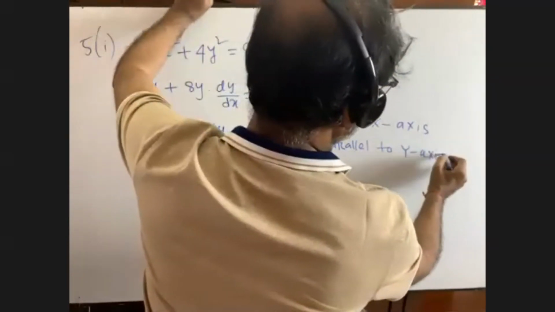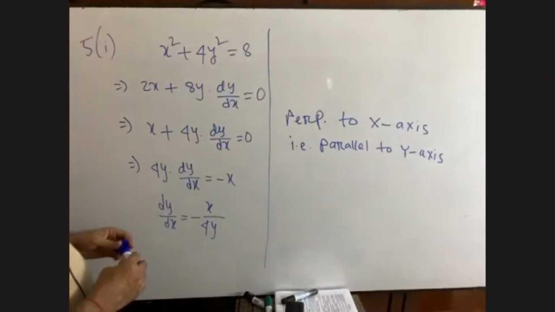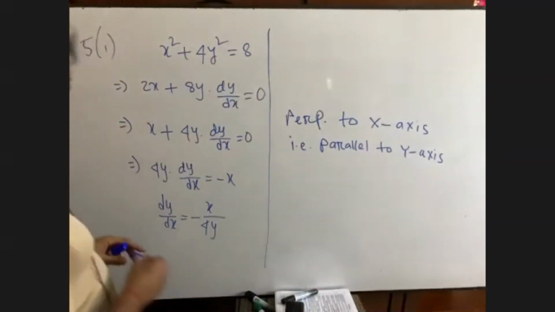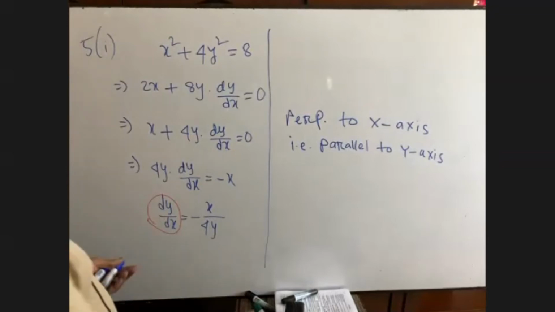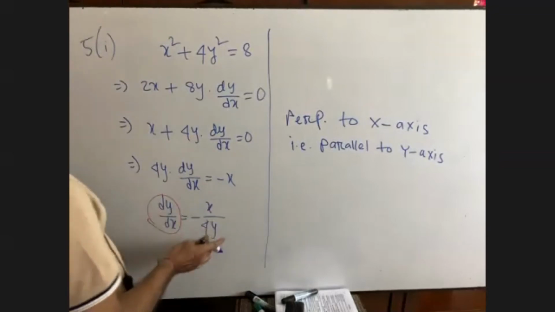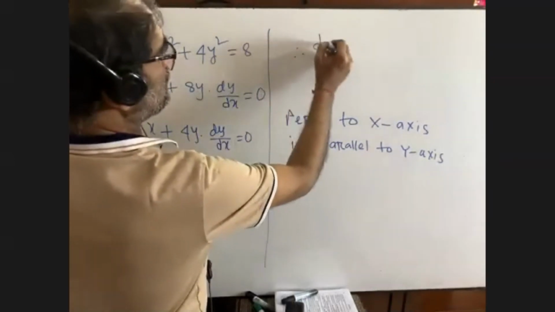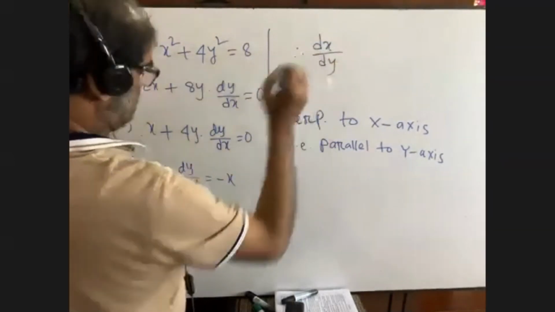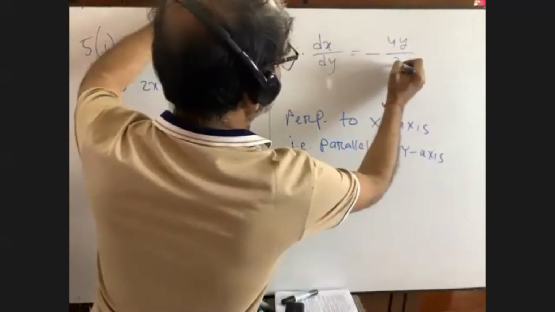So what is the formula for parallel to y-axis? dx by dy equals 0. But here we have dy by dx. So from this line, we can find dx by dy. Write down: dx by dy is equal to minus 4y by x.